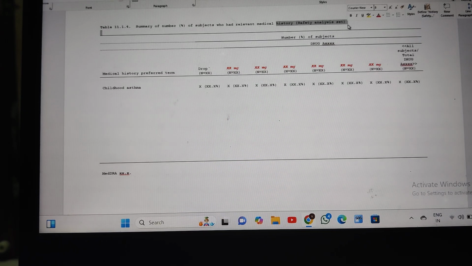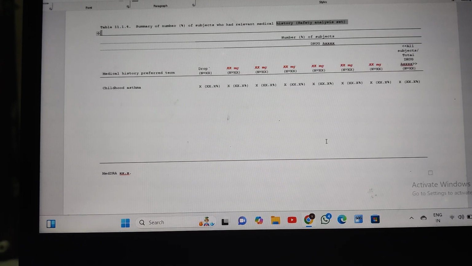No one remembered the safety population flag definition? I have explained multiple times and I also said that this is a very, very important flag definition. But you people are not. Okay, anyway, I'll complete my part.